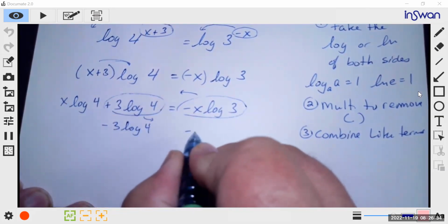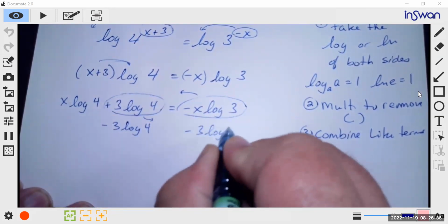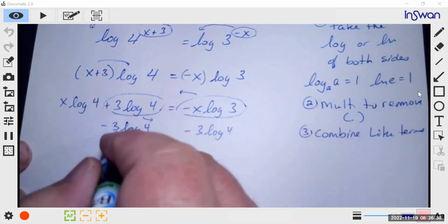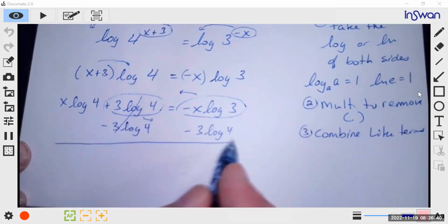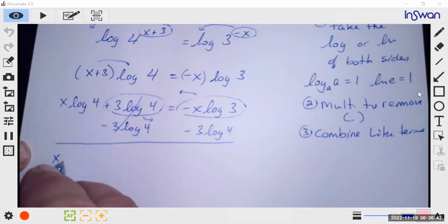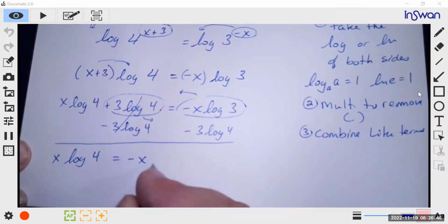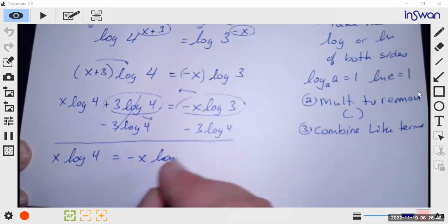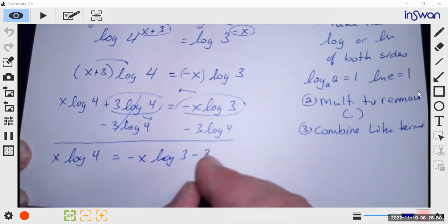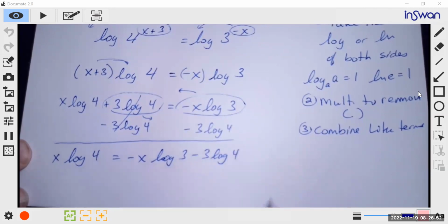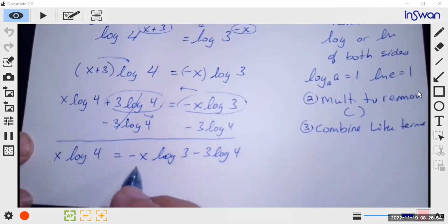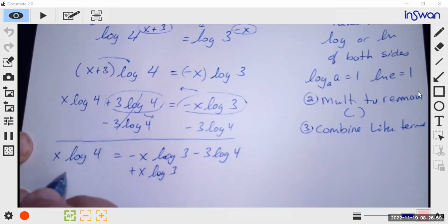So subtract both sides by 3 log 4. And then I have to get rid of this one, so I add x log base 3 to both sides.